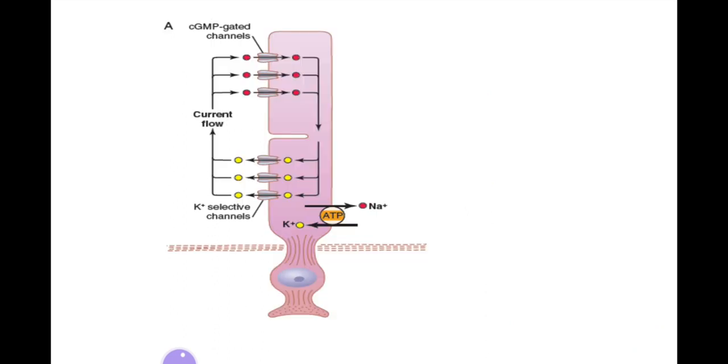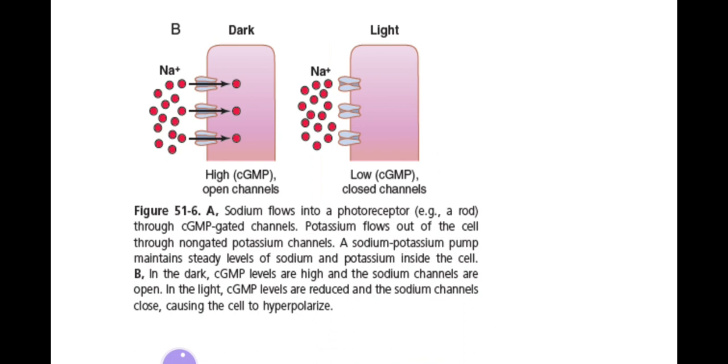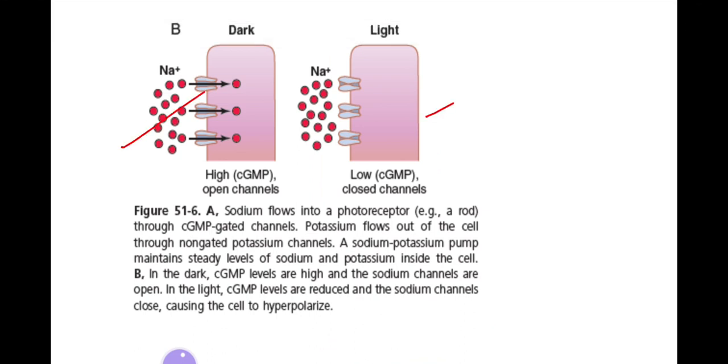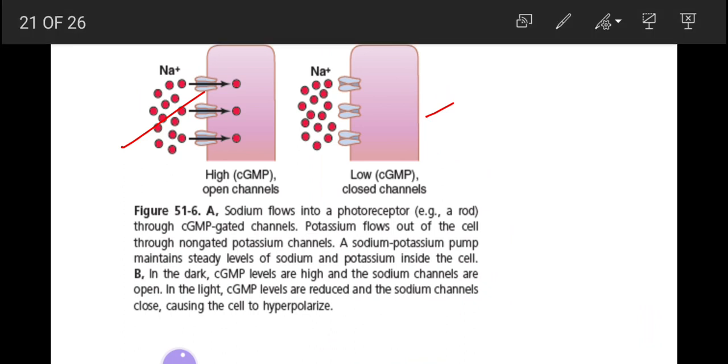Here again is shown how sodium works in photoactivation of the rods. This picture shows the sodium channels in dark and light. As I have already told you, in the light there will be closure of the sodium channels, so there will be increased negativity inside.